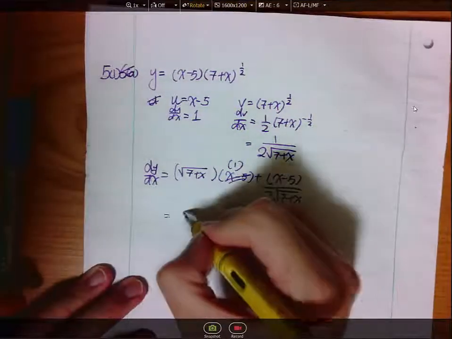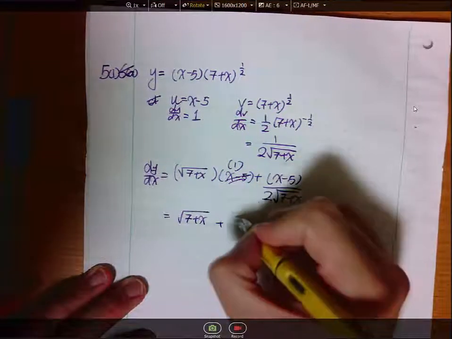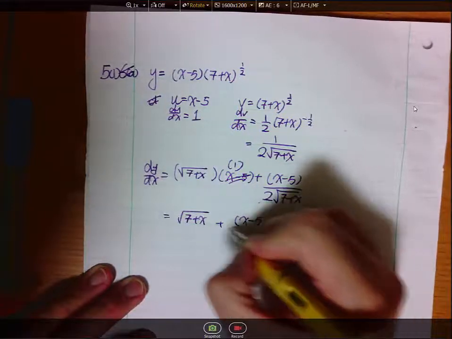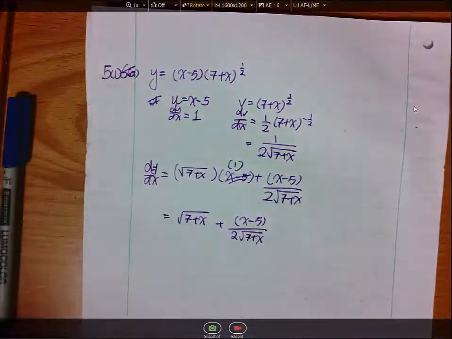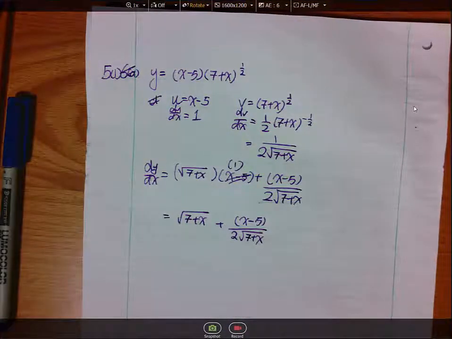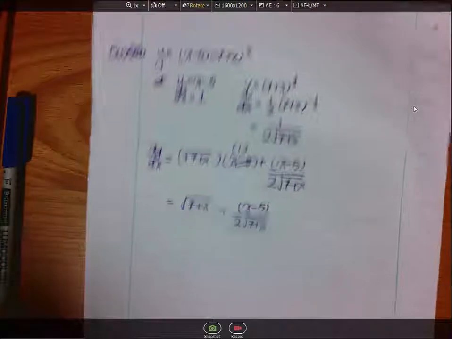So you simplify, it is square root of 7 plus x minus 5 over 2 square root of 7 plus x. And this is the dy/dx for 5 part 1.